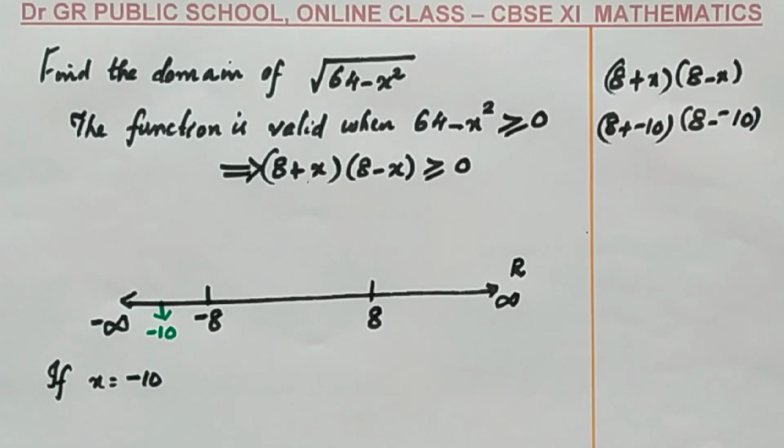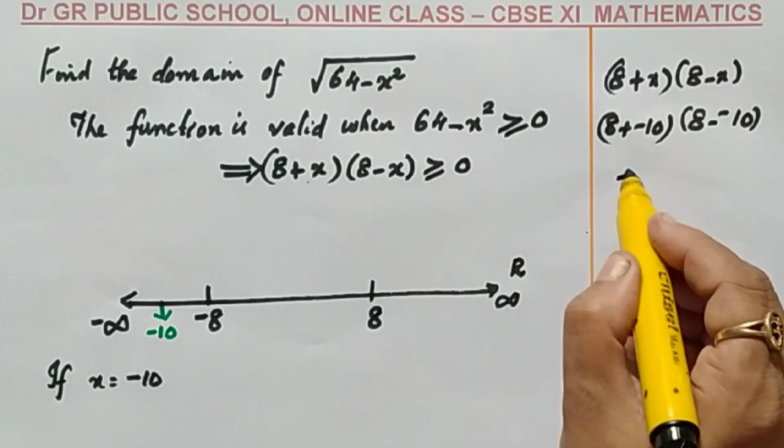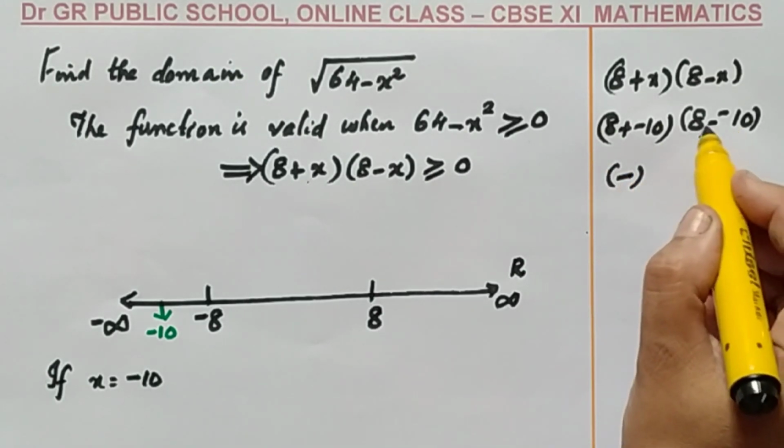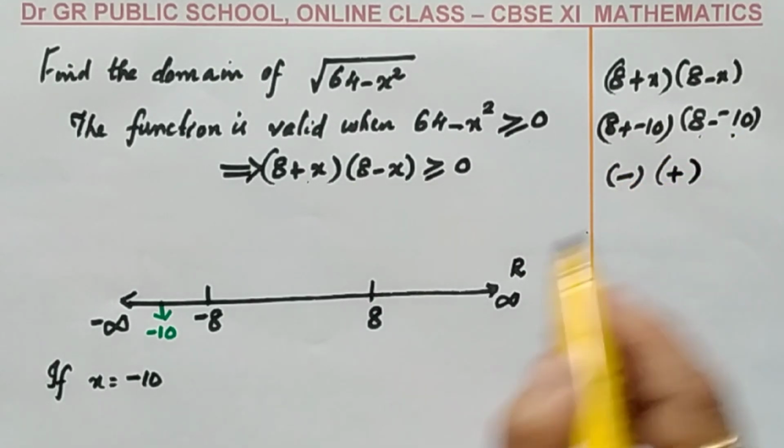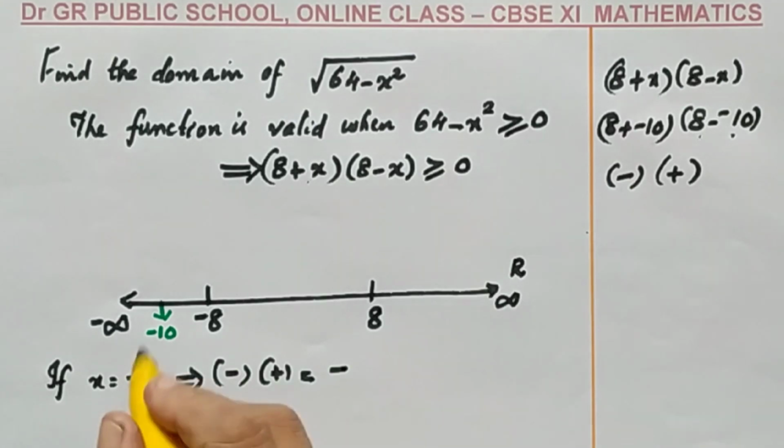Now I need to do the simplification. Instead, you need to find the calculation as a plus and minus becomes minus. Both these become 8 plus 10, which is 18, positive. So the ultimate sign will be minus into plus, which is minus. So this interval gives the value minus.